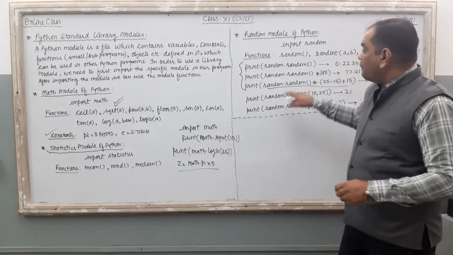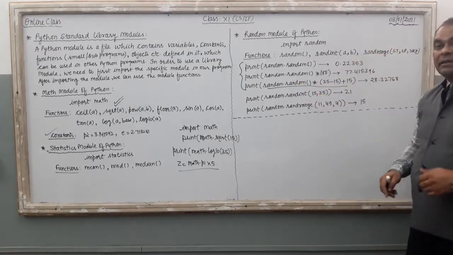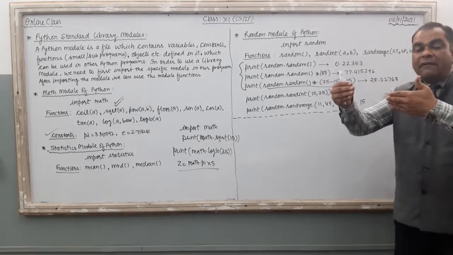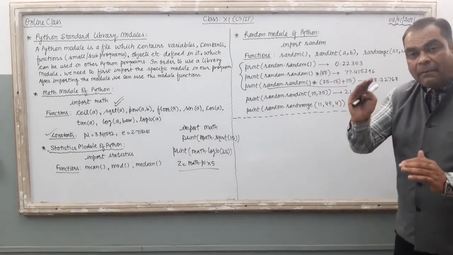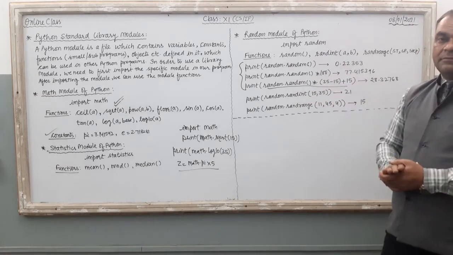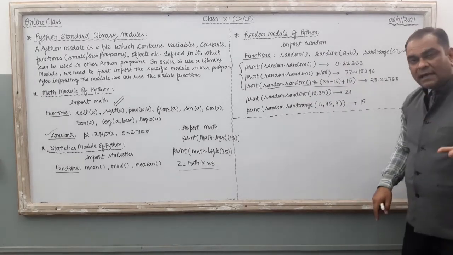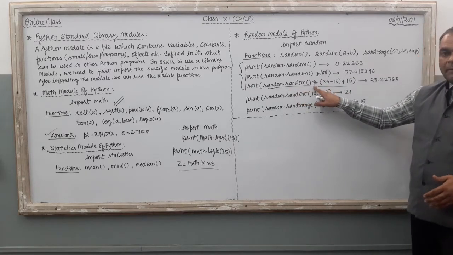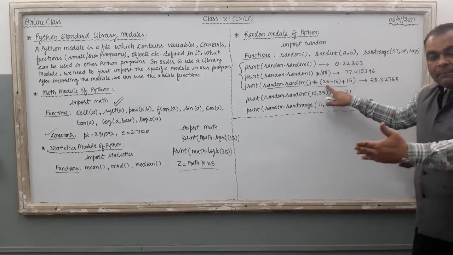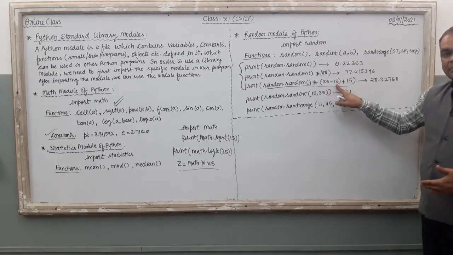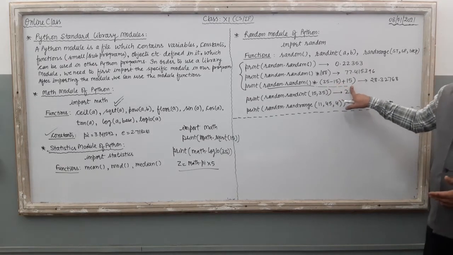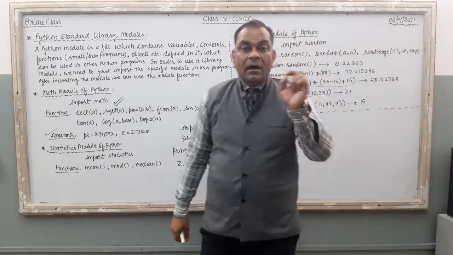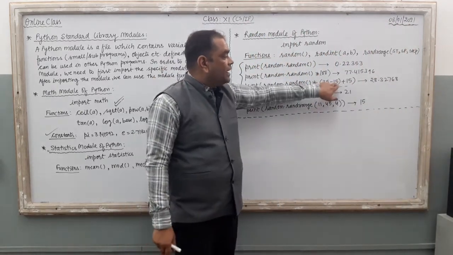Now suppose you want to generate a floating point number in between 15 to 35. The maximum limit is 35, so just put 35 over here. Random dot random into multiplication in the bracket, upper limit 35 minus lower limit, plus lower limit. Right? When you supply this statement, the generated random number will be in between 15 to 35.